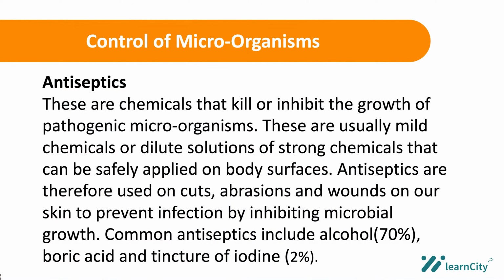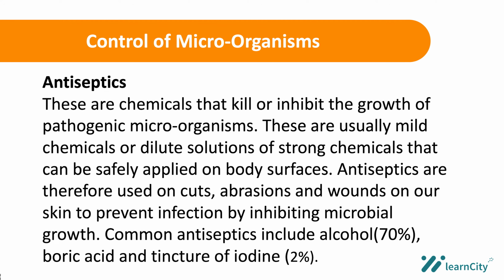Now we also have antiseptics. Antiseptics are chemicals that inhibit the growth of pathogenic microorganisms. They are usually mild chemicals or dilute solutions of strong chemicals, so that they can be safely applied on body surfaces.